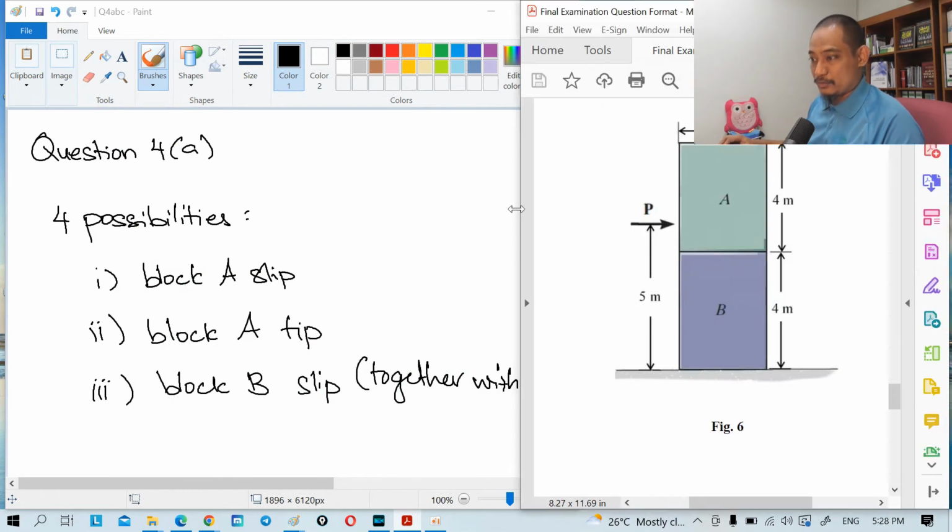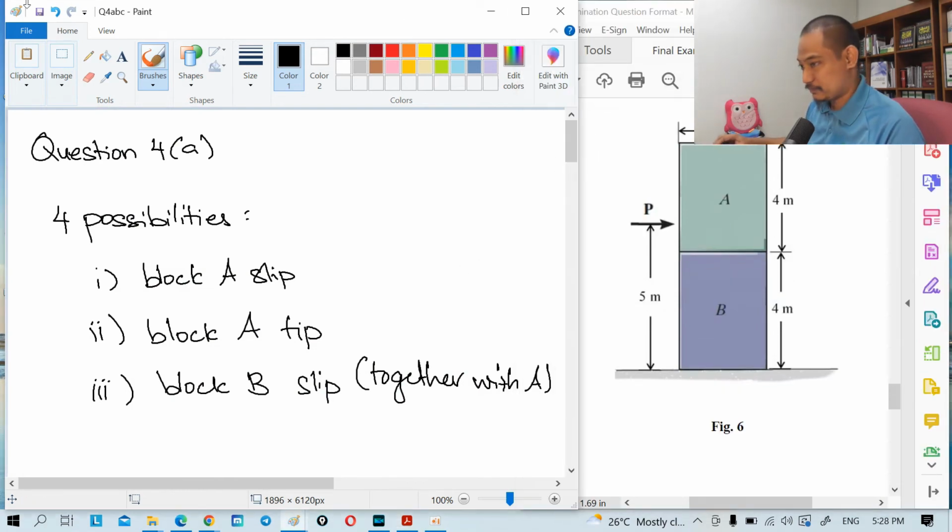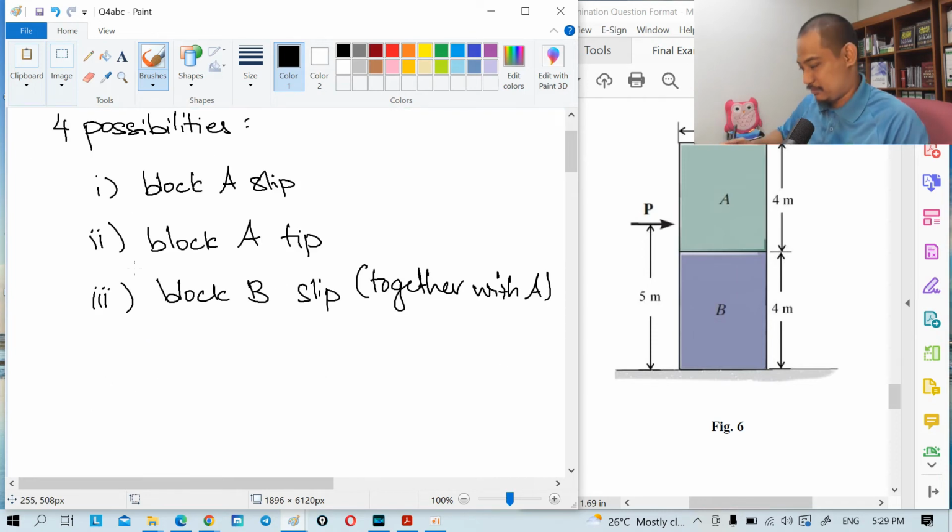The slip happened at the bottom, so block A and block B move here, so it brings together the block. But if you read it, block B slip together with A, it doesn't sound right. Anyway, avoid that.